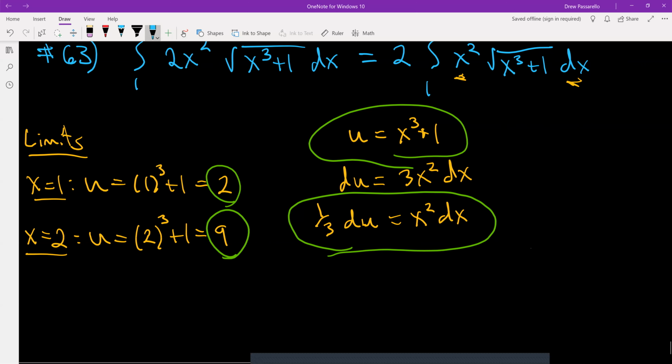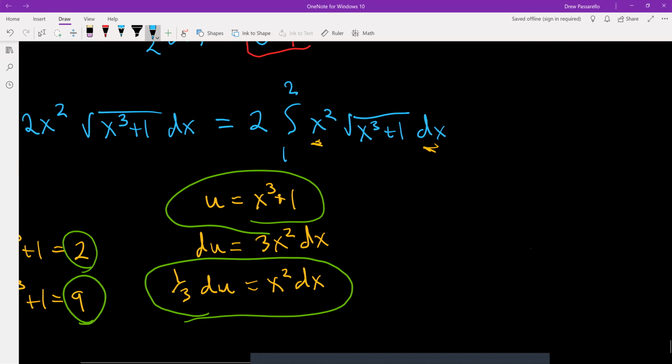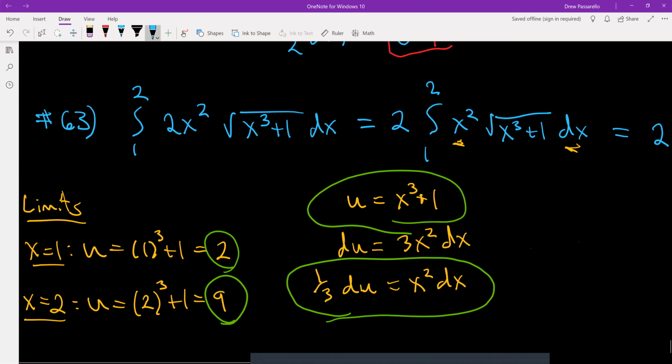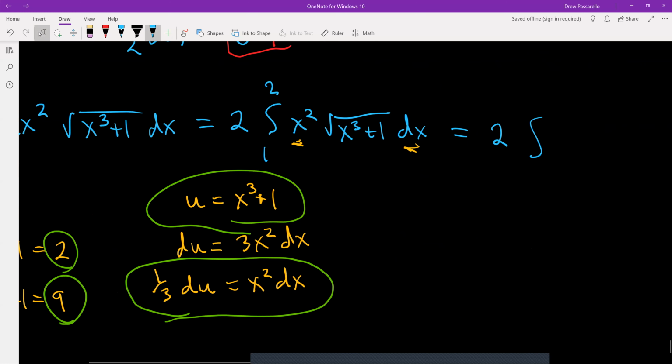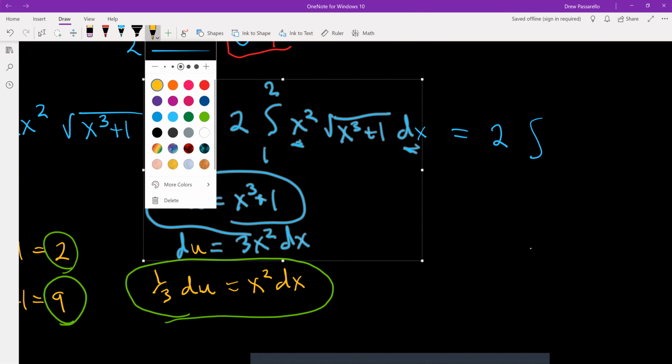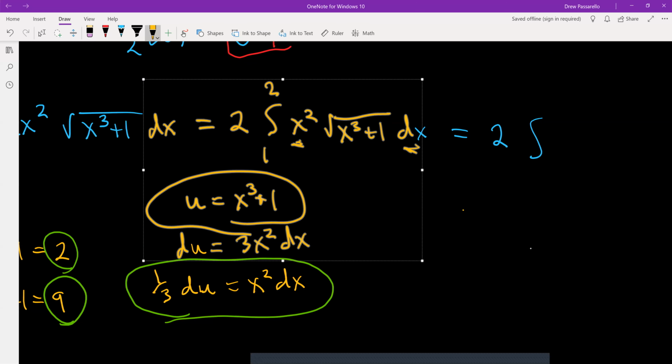So plugging all of this in, we get 2 times the integral, instead of 1 to 2. When x was 1, that changed to 2. When x was 2, that changed to 9. So I need to change it to 2 and then 9.